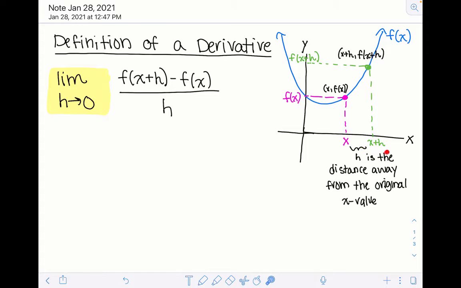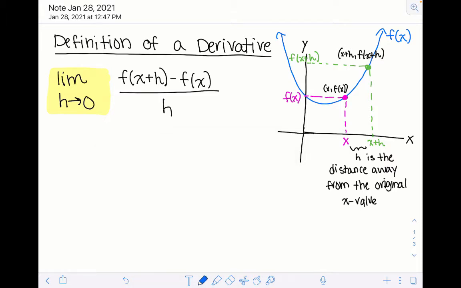So x plus h actually means you start at x, but then you increase. h could be negative, so you could decrease as well, but that's basically saying how far you go away from that original point. That's going to be your new x value. And then if you plug x plus h into the function, that's going to be your new y value.